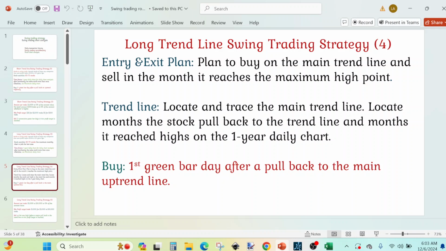Locate months the stocks pull back from that trend line, and months it reach highs on the first year daily chart.